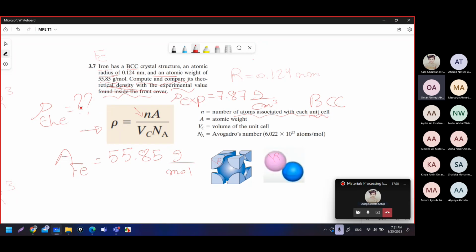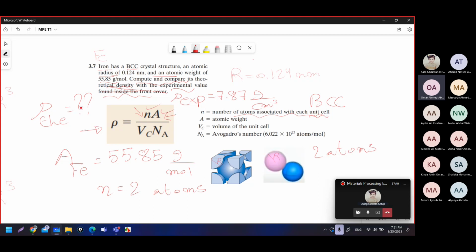And we know that for BCC we have only 2 atoms, as we saw in the previous questions. So N is equal to 2 atoms. And this one is the atomic weight given in the question: A for the iron is 55.85.